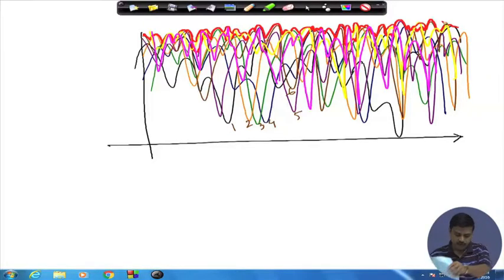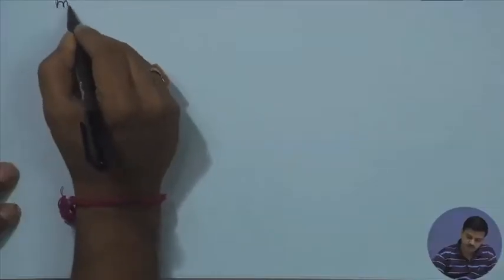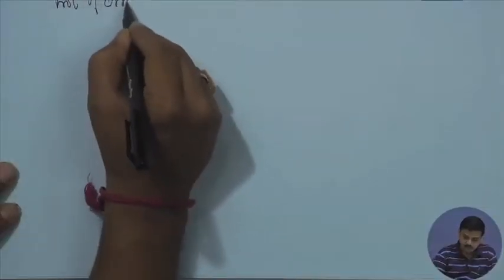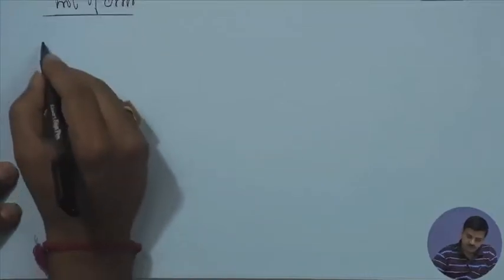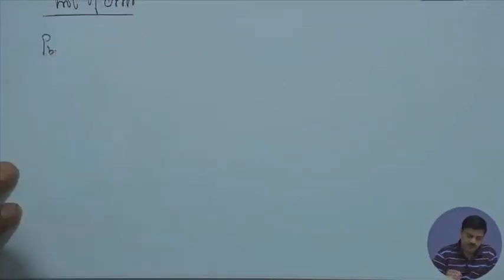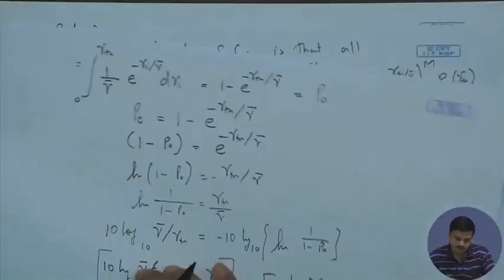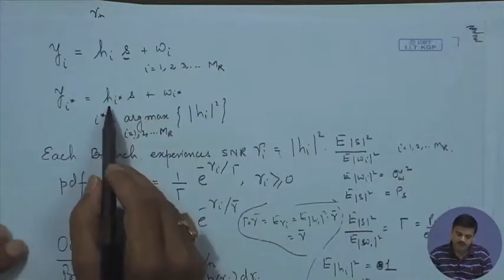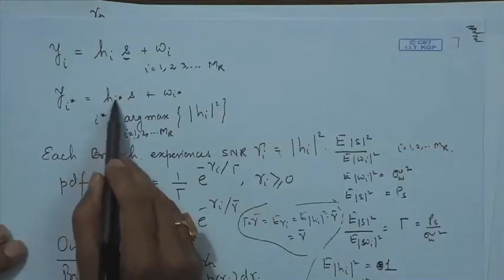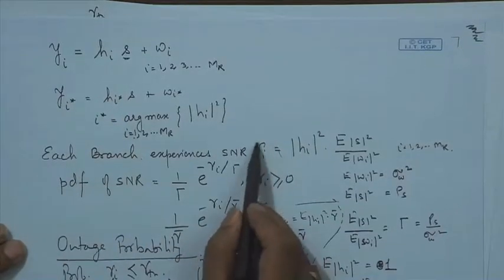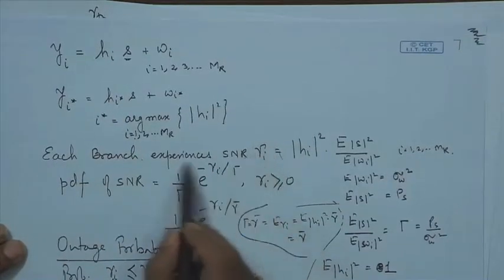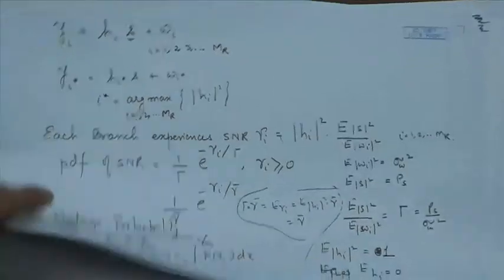Now if we have to calculate the probability of error for this particular case, the average probability of error, this is very, very important for wireless communications. What we are seeing is that the signal strength is fluctuating clearly because there is a channel. The signal strength is fluctuating because H is random. So if H is random, and SNR is fluctuating as per this PDF, then what's going to happen?